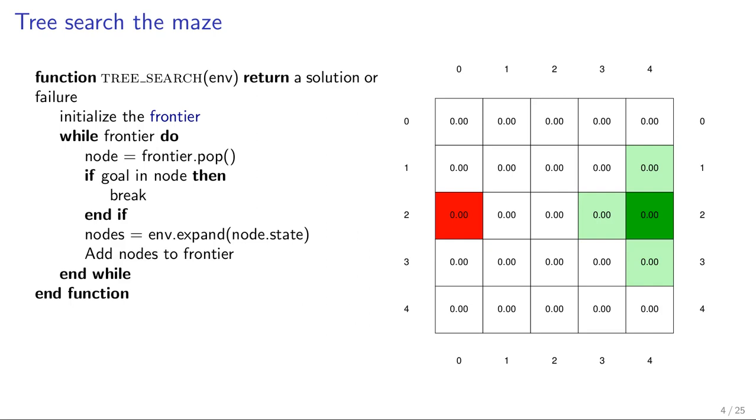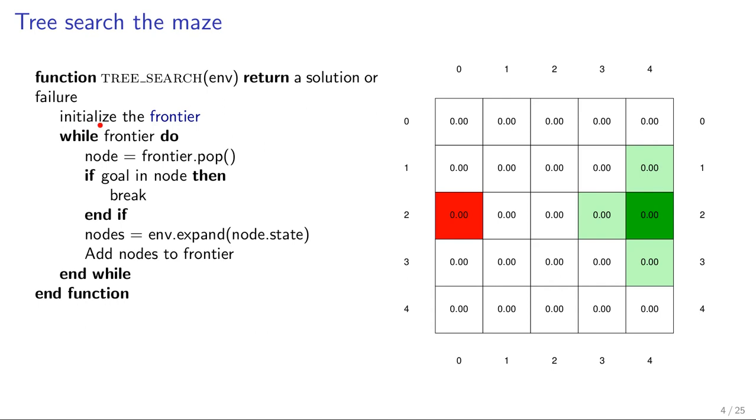So let's look at the algorithm. So this is the tree search, which is the simpler variant. But in case your state space is not a tree, it actually leads to this inefficiency that you have just seen.